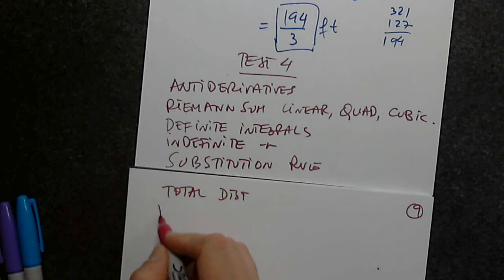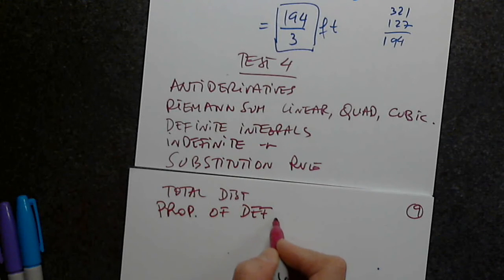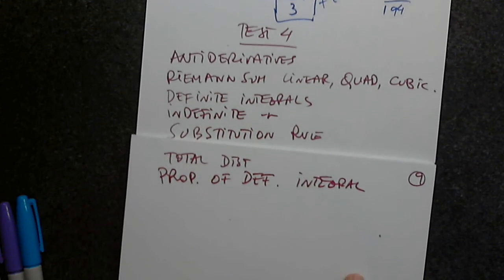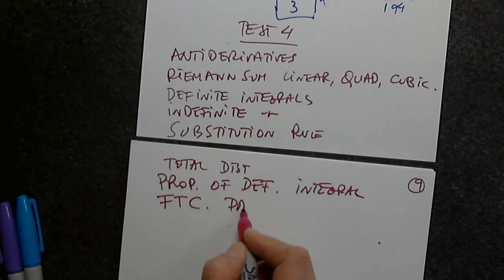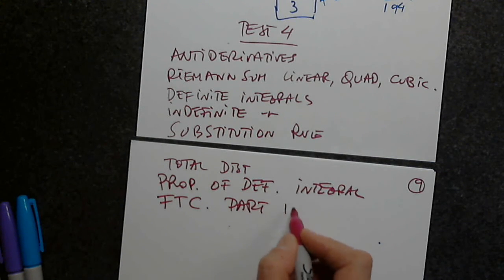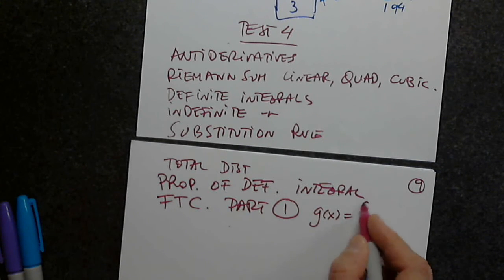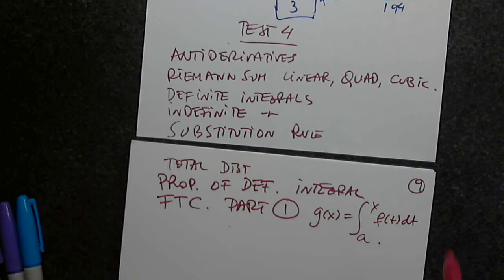Properties of integral, of definite integral. And fundamental theorem of calculus part 2, or part 1. The one with g of x being the integral from a to x from f of t dt.